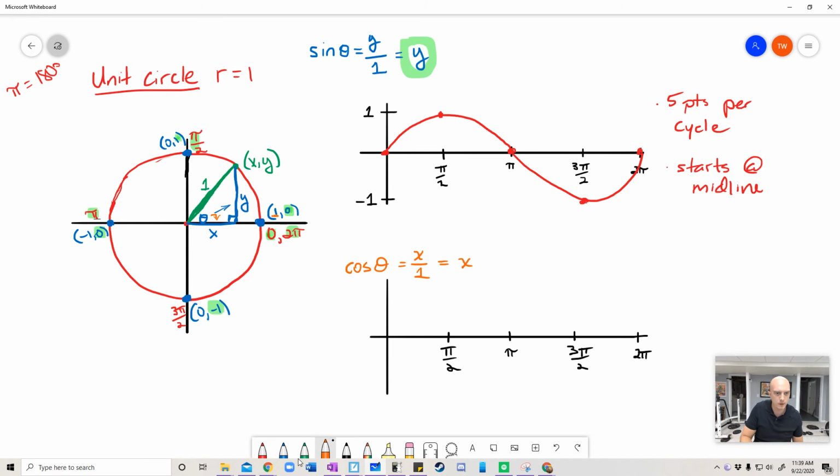So at 0, I'm at 1. Oh, and I've got to label that. So 0 starts at 1. At pi over 2, the x coordinate is 0. At pi, the x coordinate is -1. At 3 pi over 2, the x coordinate is 0. And at 2 pi, the x coordinate is 1.